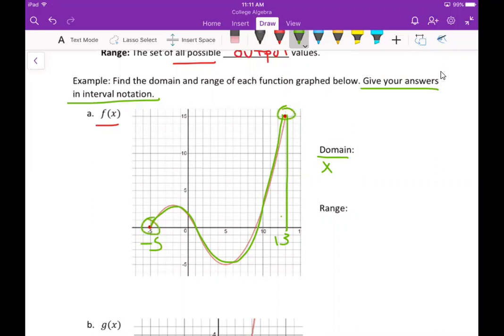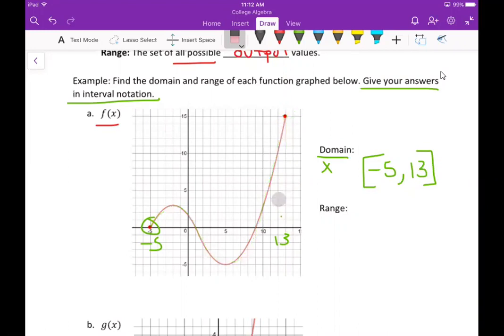So I'm going to show the interval between -5 and 13. My interval goes as low as -5, as high as 13, and for interval notation, we will use brackets to show that those 2 points are included. I could plug in a -5 and get an output. I could plug in a 13 and get an output. So I want brackets to show that those inputs are included.